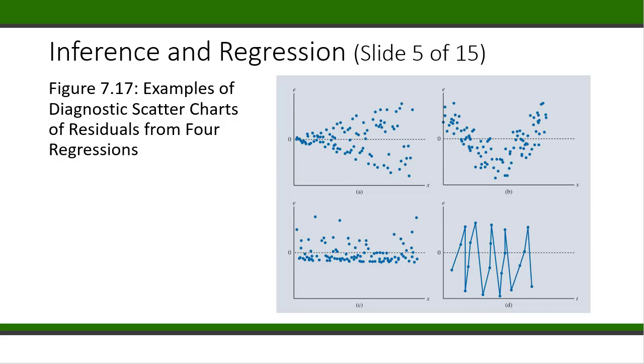So if we look at panel A here, that variation in residuals increases as the value of the independent variable x increases. So what that means is the residuals probably do not have a constant variance. In panel B, the residuals are positive for small and large values of your independent variable, but are negative for moderate values.